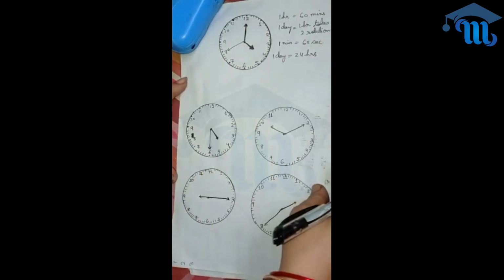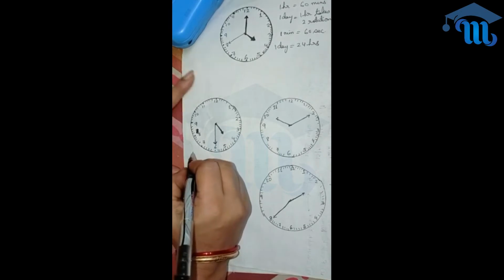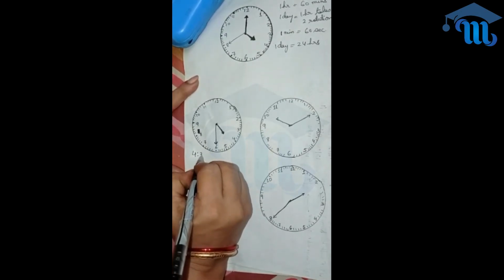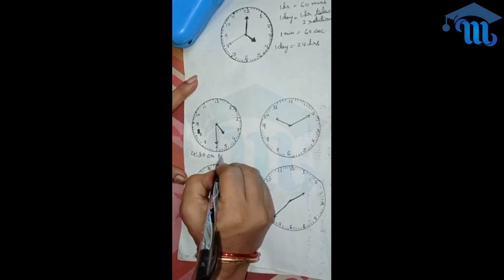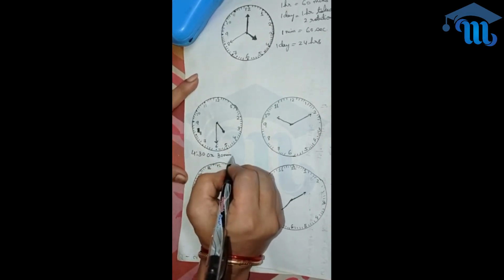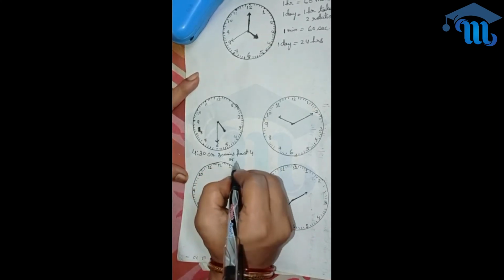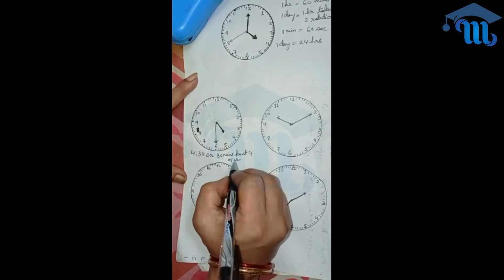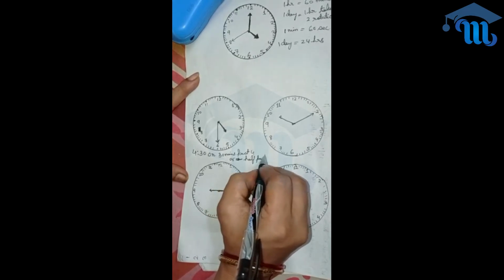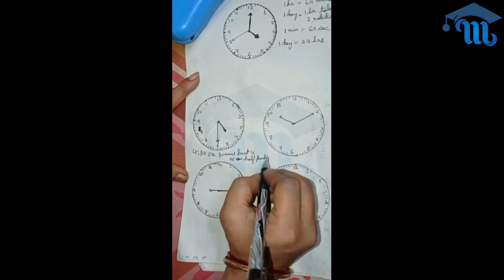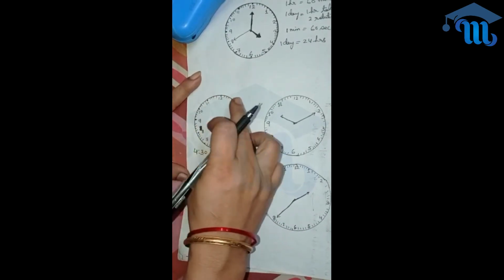The time is 4:30, or 30 minutes past 4, or we can also write half past 4, since it is half an hour of the whole hour.